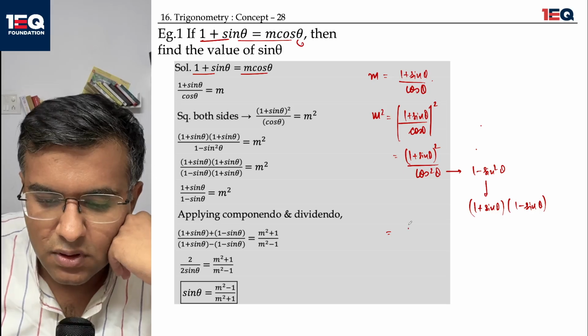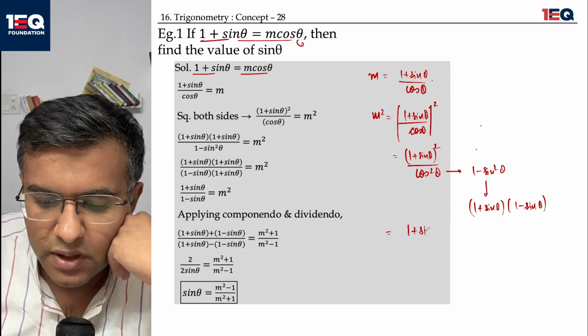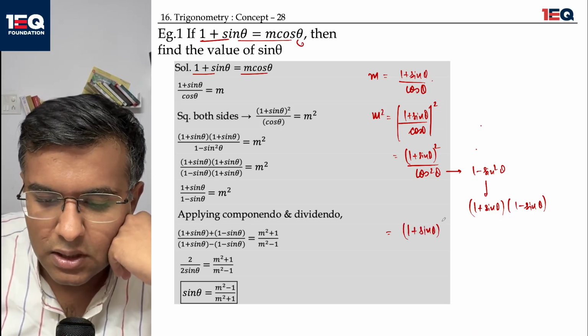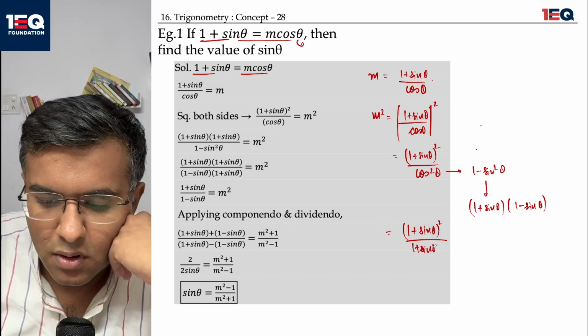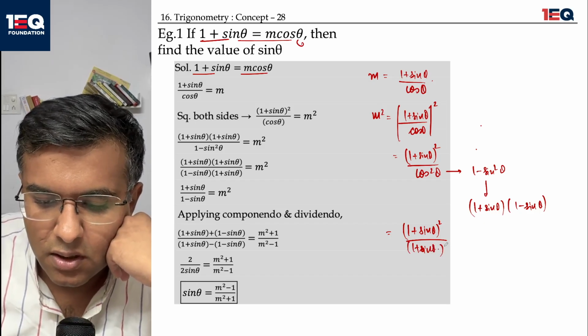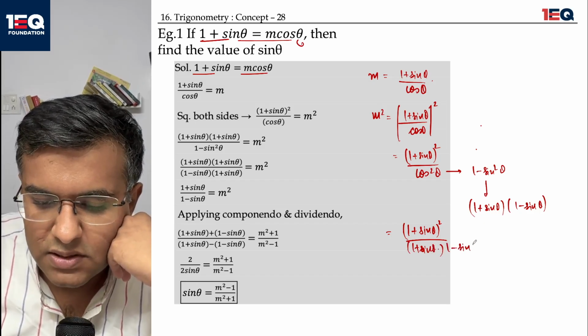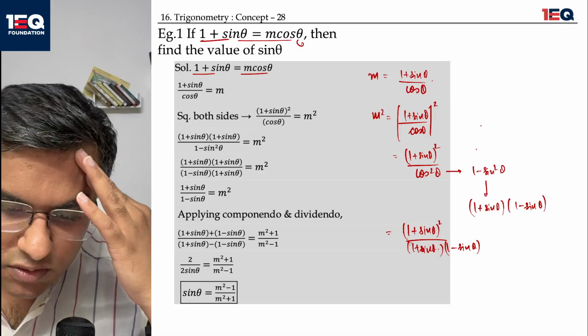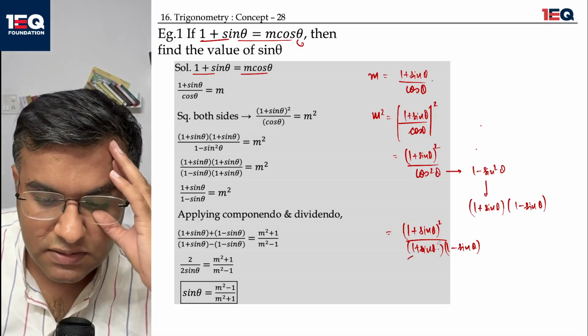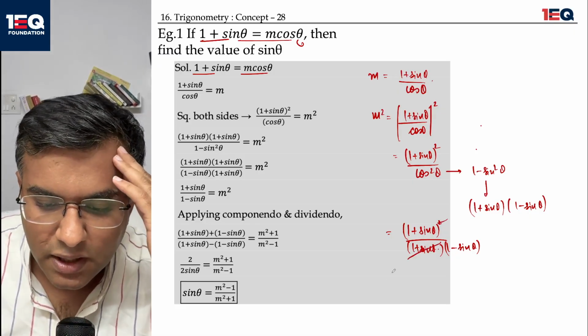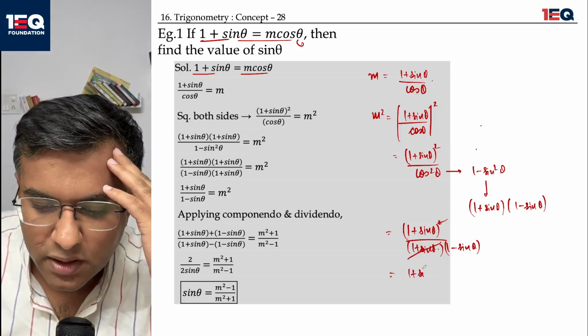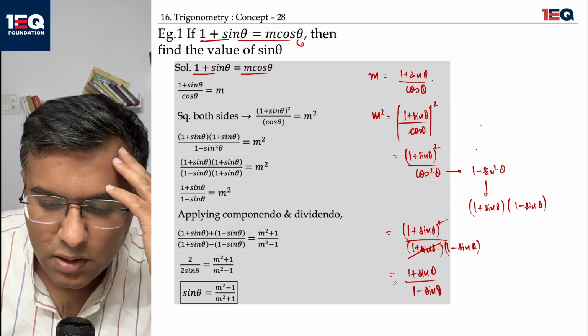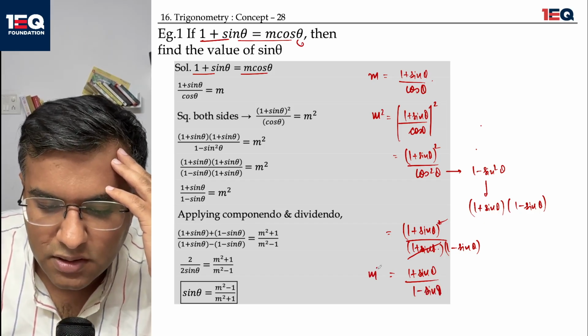So this would now convert itself into (1 plus sine theta) whole square whole upon (1 plus sine theta) multiplied with (1 minus sine theta). So this (1 plus sine theta) whole square would have 1 upon this, would get cancelled, and I would be left with (1 plus sine theta) whole upon (1 minus sine theta), and this would be m square.